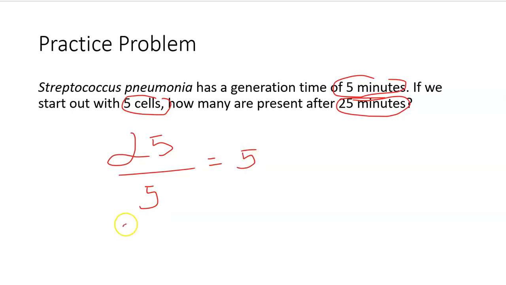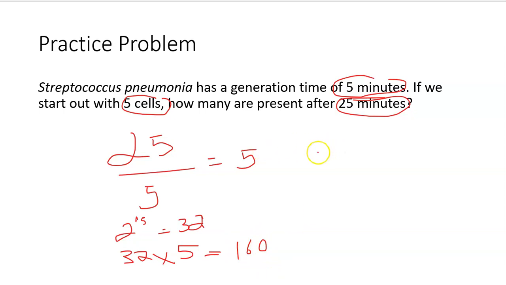So then we do 2 to the 5th power. That is going to give us 32. And then we need to take 32 and multiply that by the number of original cells, which was 5. And that is going to give us our final answer, which is 160.